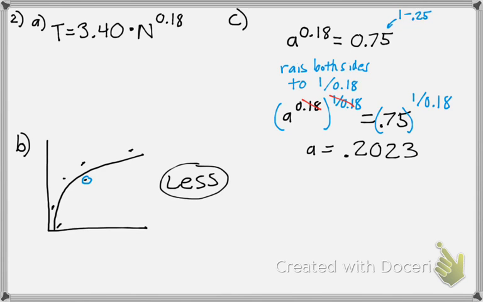Now, we want to know what this is as a percentage decrease, so I do want to take 1 minus 0.2023, and then I'm going to get 0.7977, which means a decrease of 79.77%.